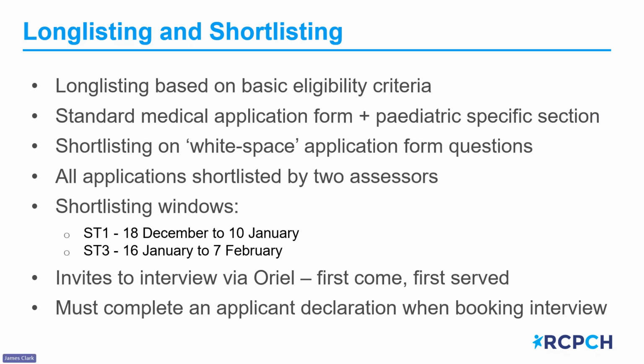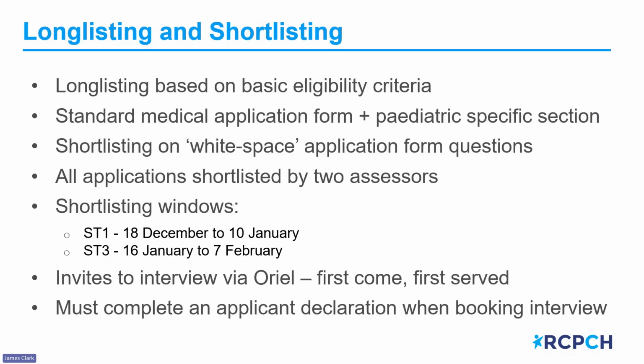Most of the time it will make it very clear whether something is specific to a particular specialty, so just be aware of that. Most of it is just a standard application form, and that's where your basic details go, including employment history and so on. And then the paediatric specific section is where you've got the short white space questions, which is what you'll be shortlisted on the basis of.